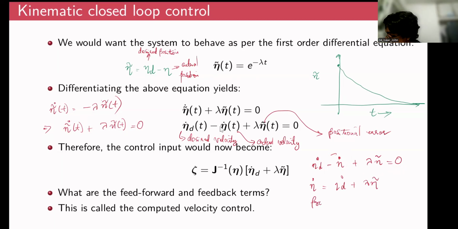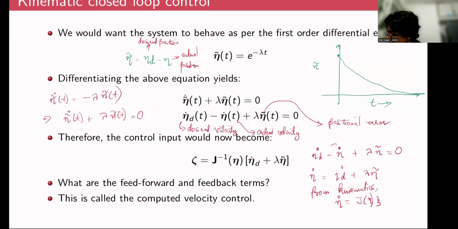But from the kinematics, you know that eta dot is j of psi or j of eta multiplied by theta, right? So if I substitute this in here, you will end up with j of eta multiplied by theta is eta desired dot plus lambda eta tilde.